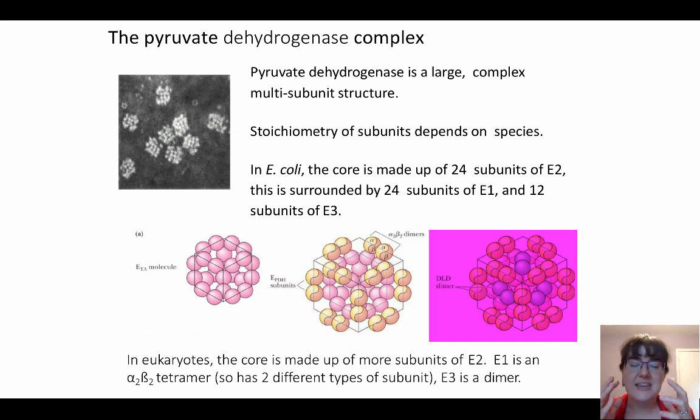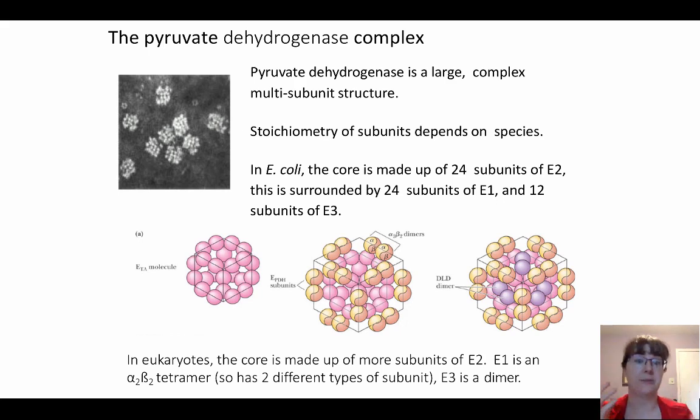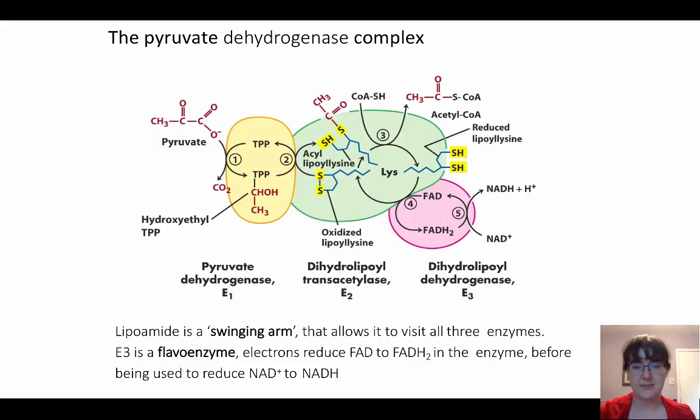And then in and amongst those E1 subunits, still on the outside, will be the E3. So again, E2, which here is shown in green, is the one that's farthest in the inside. It should make sense that the one that's going to accept the substrate in the very beginning is more on the outside. So that pyruvate dehydrogenase, E1, is more on the outside.